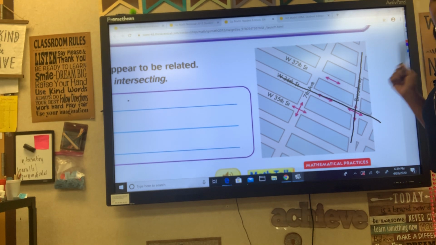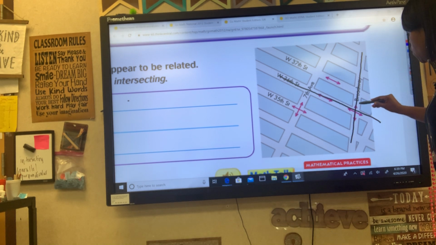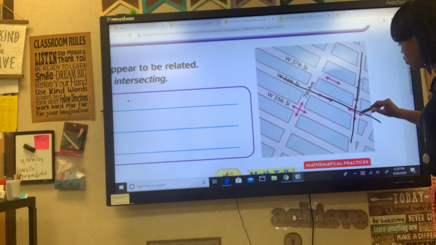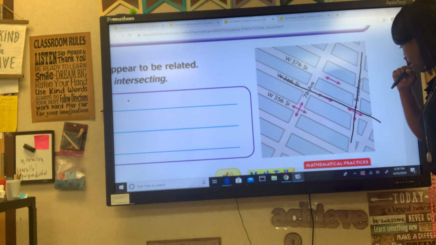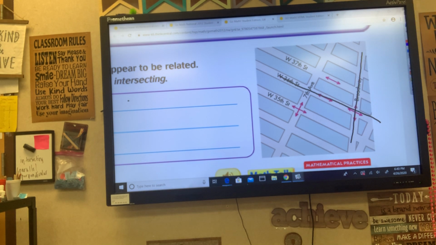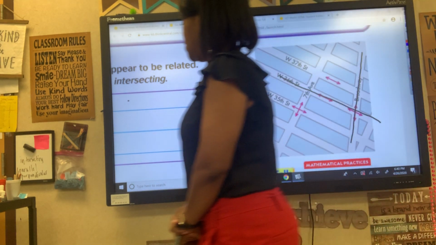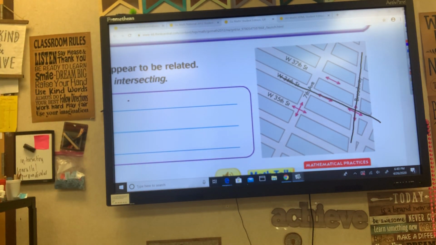Take a look at your model at the top of the paper and think about if these lines are parallel. Are these streets parallel to each other? Will they never cross? Or are they intersecting? Do they make 4 right angles? Do they intersect here? And can I actually draw a box here, a square? Are they making right angles? Or do they just make an X? I'll give you a chance to think about it, and then we're going to write the answer on our paper.